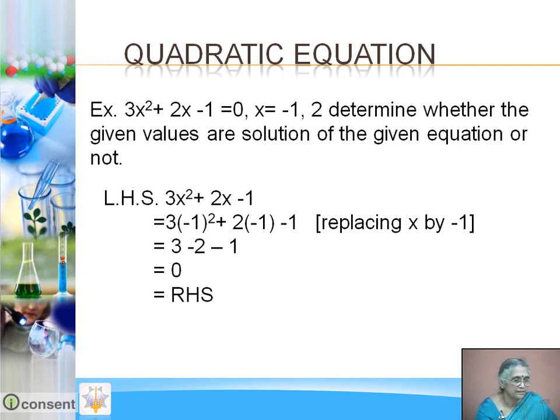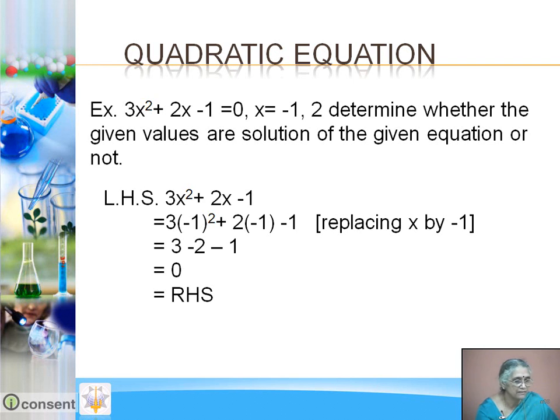Now another type of example. Here you are given 3x square plus 2x minus 1 is equal to 0, and two values of x are given: x is equal to minus 1 and x is equal to 2. Determine whether the given values are solutions of the given equation or not. Here we put x is equal to minus 1 in the LHS of the given equation and simplify.